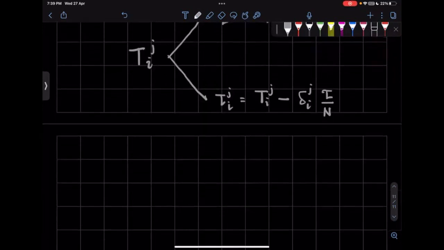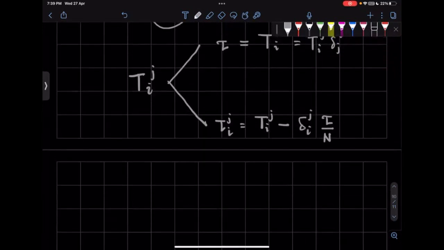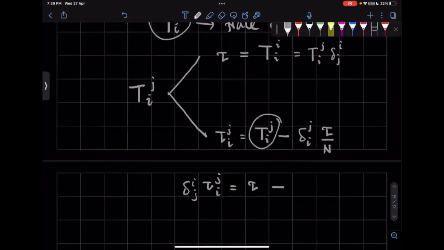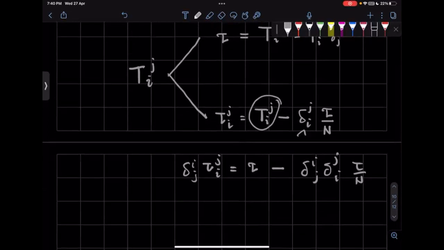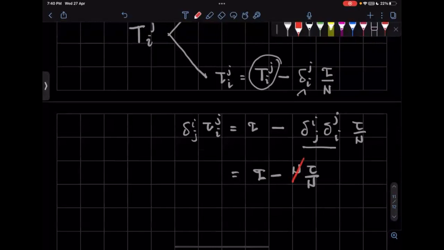So now if I look at the delta ij of tau ij, the first guy gives me tau, right? The second guy gives me delta ij and then delta ji, tau over n, but this is essentially the trace of an identity matrix. So I get tau minus n tau by n. That means we can cancel these two things, and therefore this is 0.